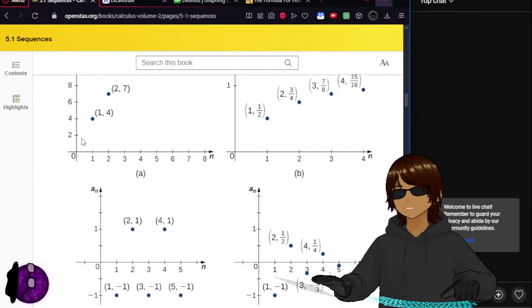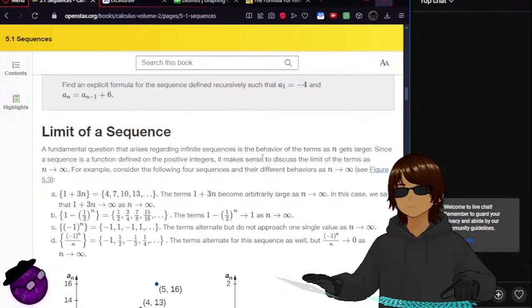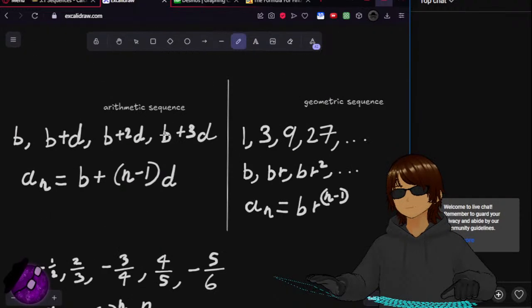Limit of a sequence. A fundamental question that arises regarding infinite sequences is the behavior of the terms as n gets larger.